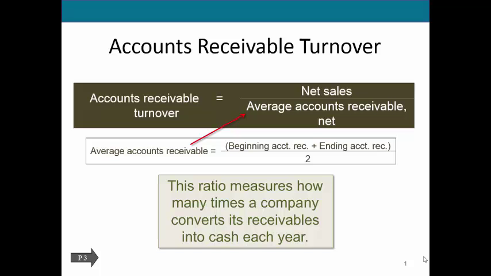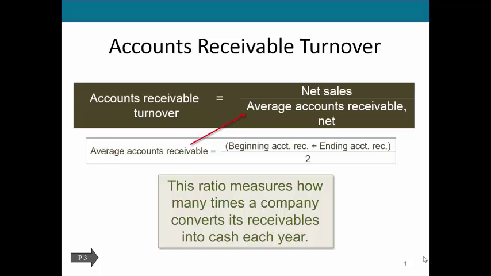So this is looking at, are we efficient with making a sale, and when we make that sale, rather than getting cash, we get an account receivable. What we want to look at with the accounts receivable turnover is once we have that promise to receive cash, or once we have that account receivable, how quickly are we actually turning it into cash?